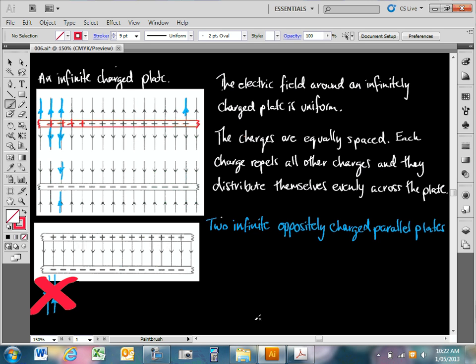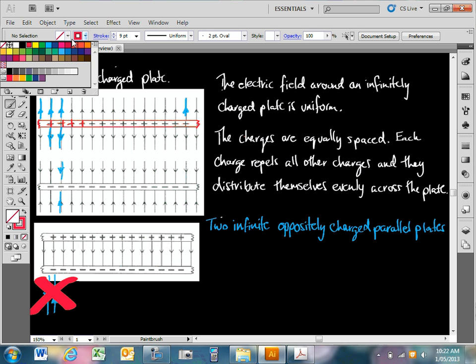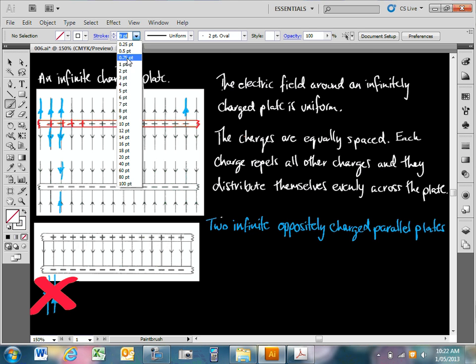Yes. Theoretically, the electric field for each charge extends to infinity. No, it will not. It'll vary with a relationship of 1 on r squared, of course. Absolutely. Yes, absolutely.